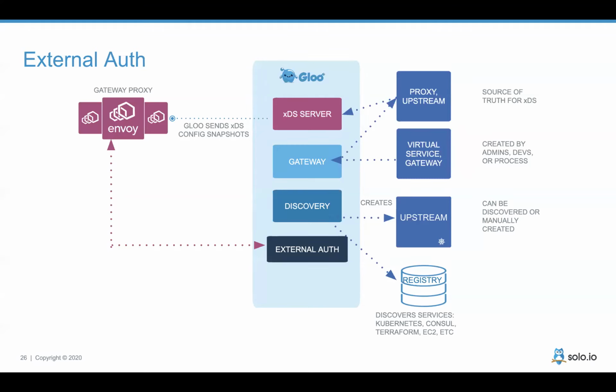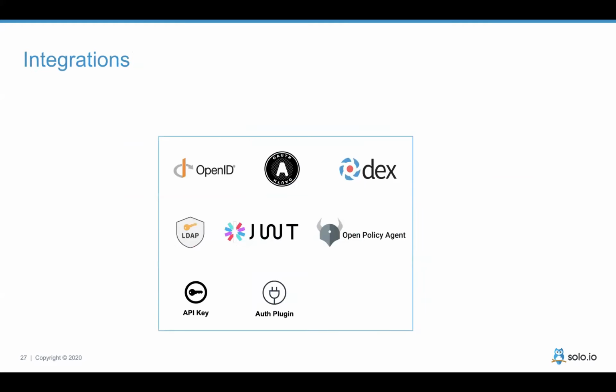Enterprise Gloo comes with an implementation of that server called external auth. And the external auth server has built into it a bunch of integrations. On the next slides, you can see some of the ones that we've worked with. Gloo will work with any OpenID Connect OAuth provider.